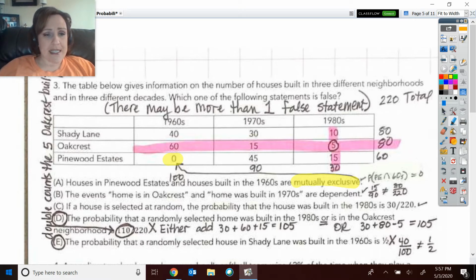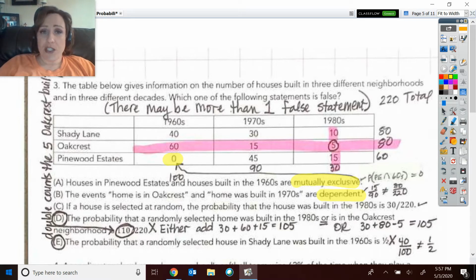B says the events home is in Oakcrest and home built in the 1970s are dependent. First of all, I don't really like this term, dependent. Rather, there should be are related, there is an association.